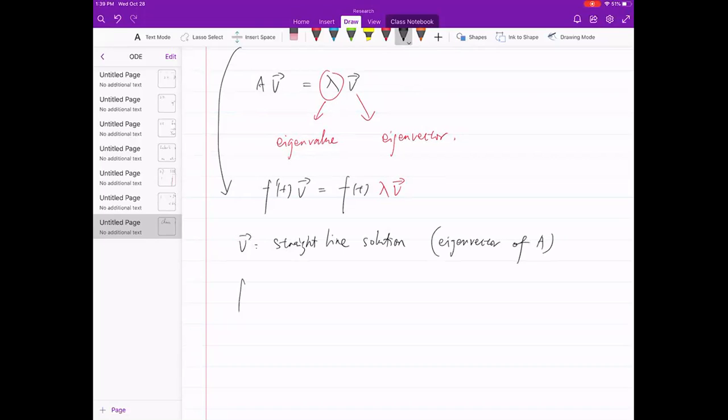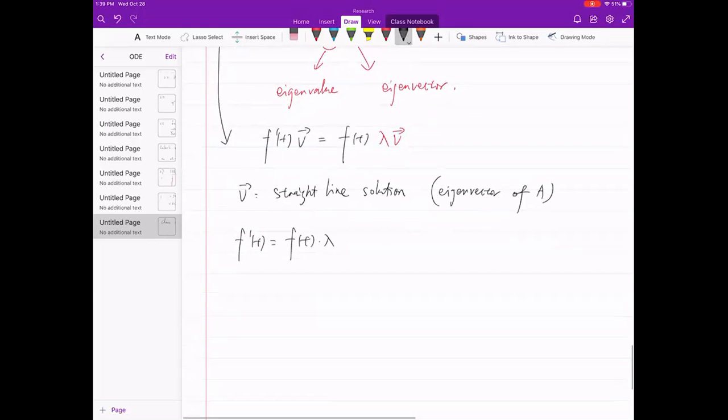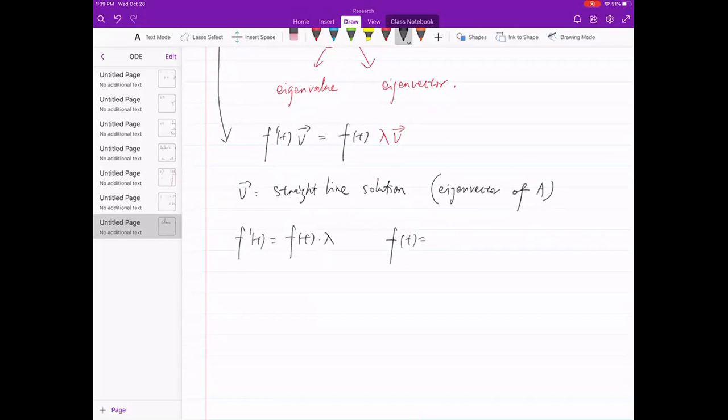Moreover, you have another thing left over. That is f'(t) equals f(t) times lambda. That will be what your f(t) satisfies. Do you recognize that differential equation? The solution is just e to the lambda t times a constant, of course, where lambda is your eigenvalue.